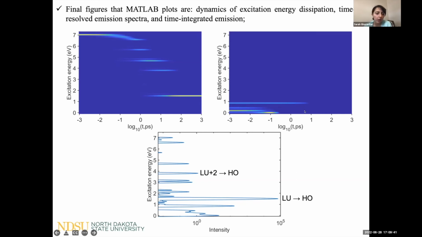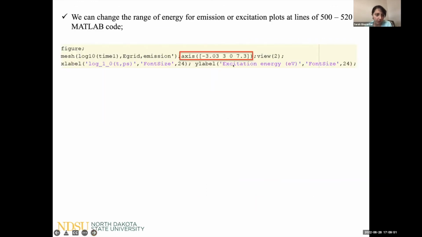Also, we can modify this range of energy to our desired range very simply. We just need to modify this part of the MATLAB code, the axis command, which tells MATLAB which range of x-axis and y-axis you are interested in.